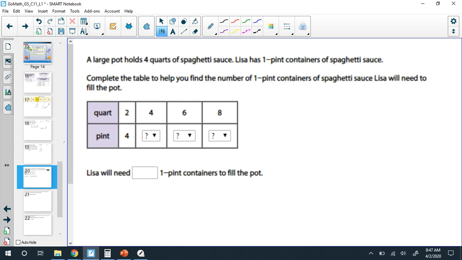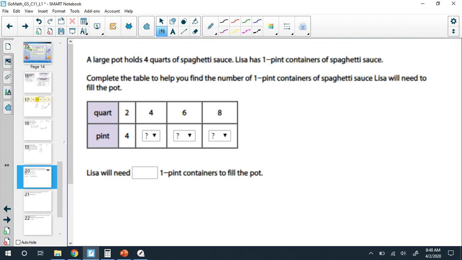Here it says a large pot holds 4 quarts of spaghetti sauce. Lisa has 1 pint containers of spaghetti sauce. Complete the table to help you find the number of 1 pint containers of spaghetti sauce Lisa will need to fill the pot.